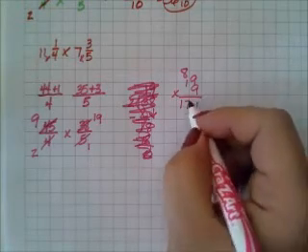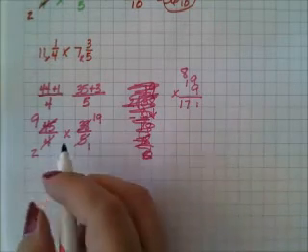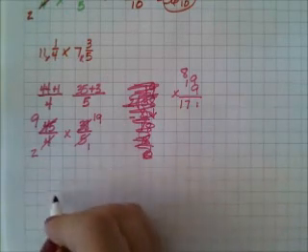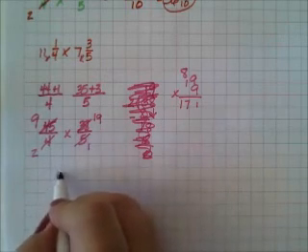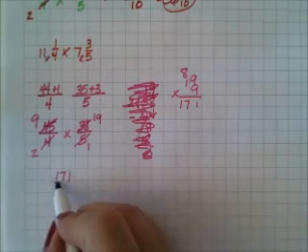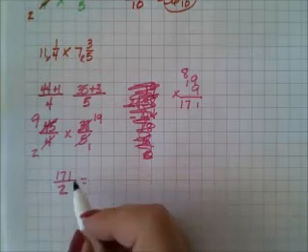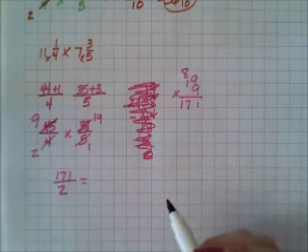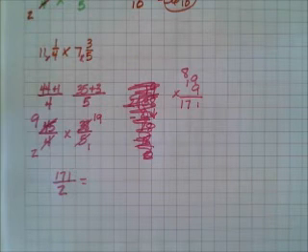Then we have 171. So let's bring down our answer right here. 9 times 19 is 171. And 2 times 1 is 2. Now we have to change our answer into a mixed number.